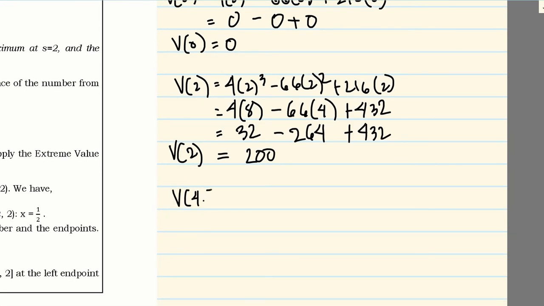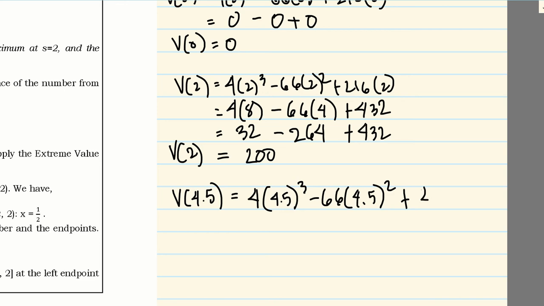V(4.5) is equal to 4 times 4.5 cube minus 66 times 4.5 square plus 216 times 4.5.